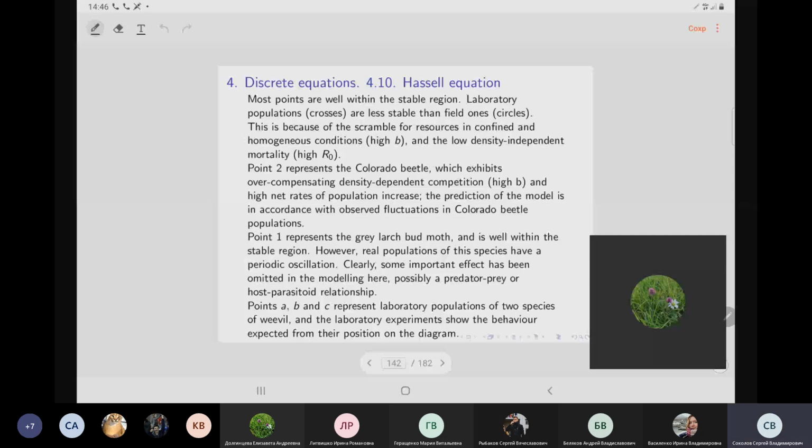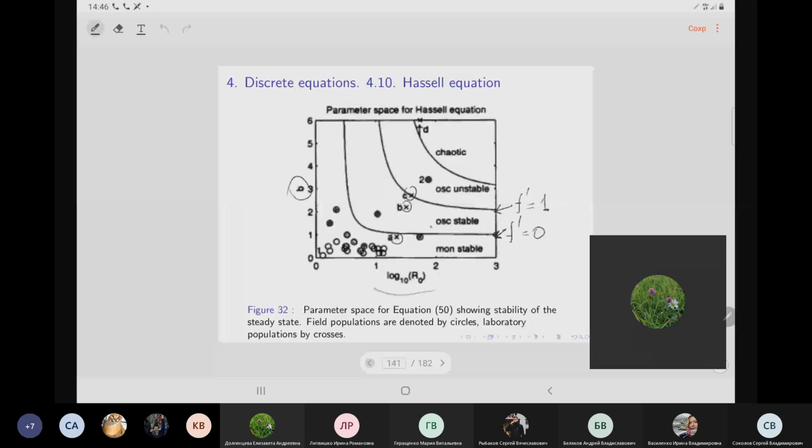So point 2 is the Colorado beetle. Point 2 is here. It is quite a strange situation because according to this Hassell equation, the Colorado beetle is oscillatory unstable, and therefore it can vanish for some reasons.